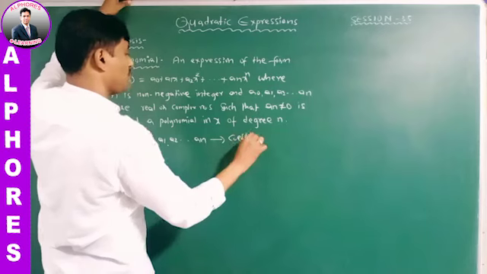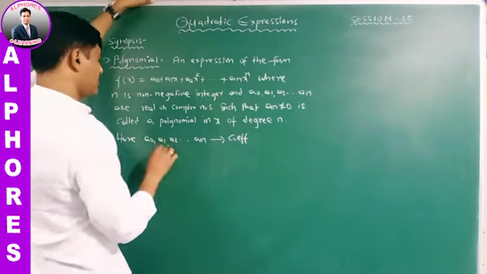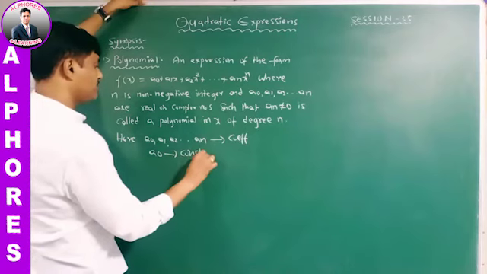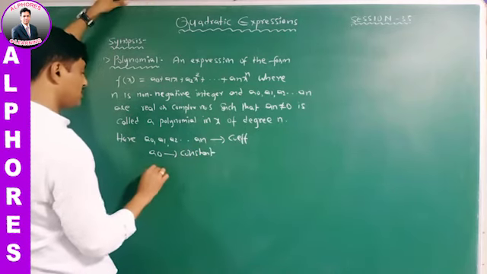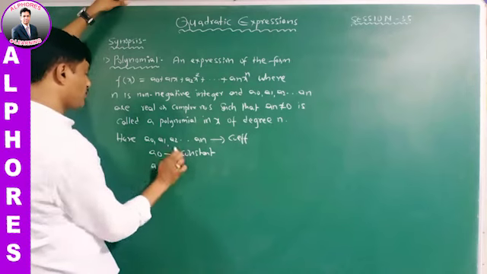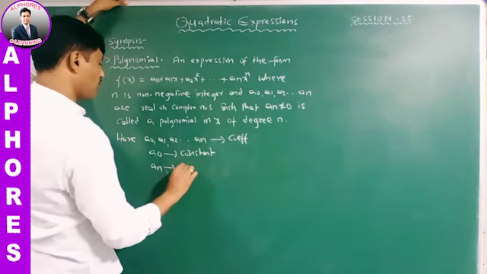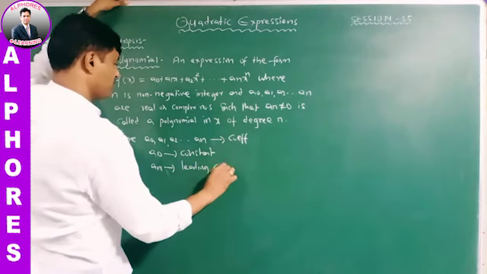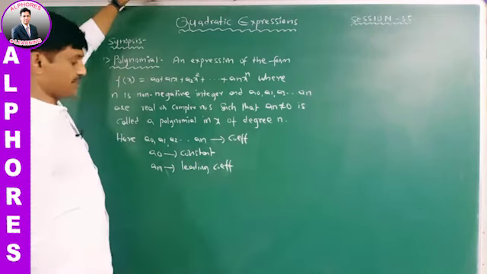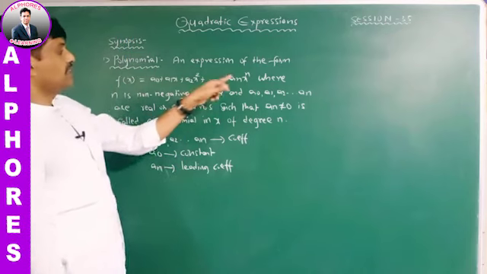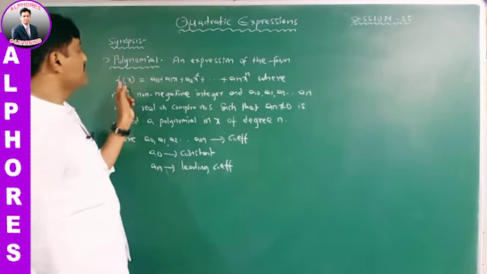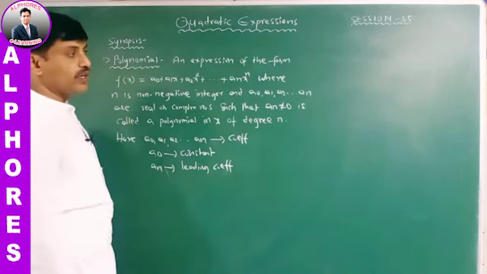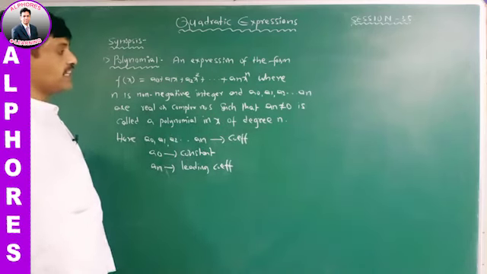Among these coefficients, a0 is the constant, and an is called the leading coefficient. In this, the leading coefficient should not be 0, that's why it is a polynomial in x of degree n.